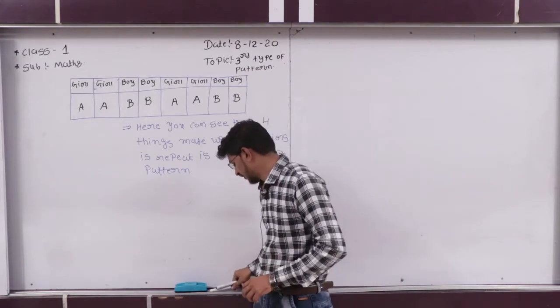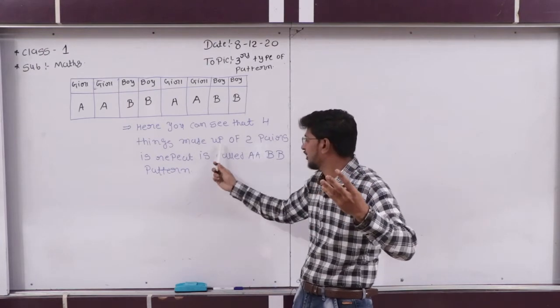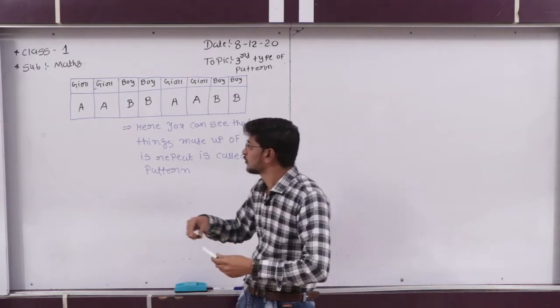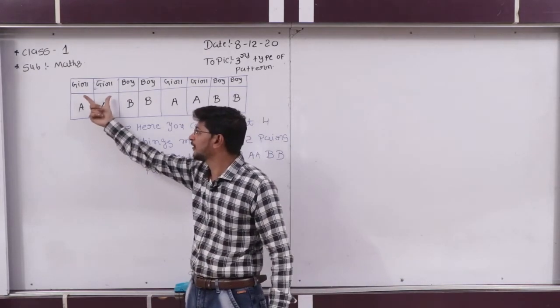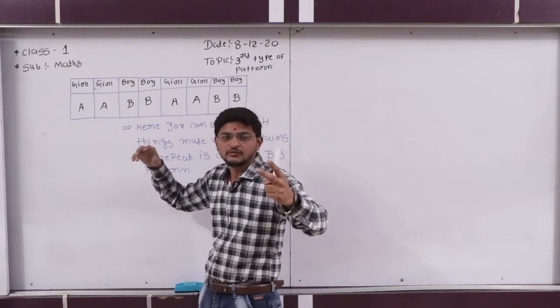You can see here 4 things. Which are the 4 things? 4 girls and 4 boys. It's made up of 2 pairs, repeated. So you can see here, this is one pair of girls, and this is the second pair of boys.